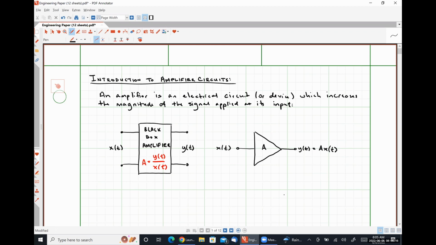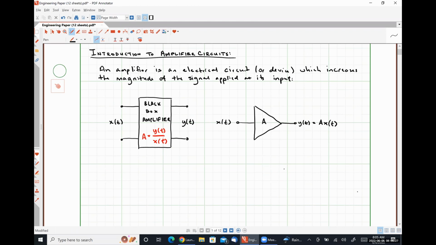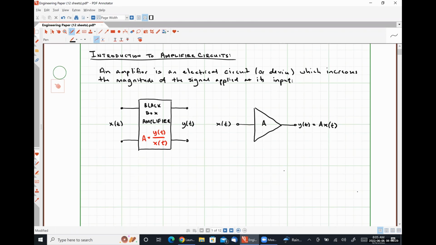There are multiple different types of amplifiers, and we are going to classify some of them today. I'm going to restrict our analysis to input-output classifications because talking about transistor amplifiers and things like that are beyond the scope of this course.